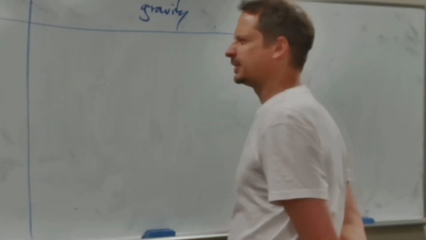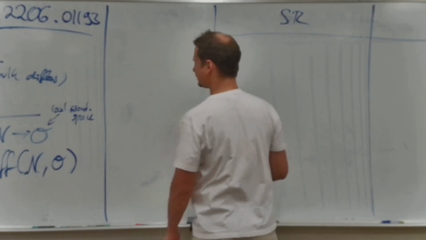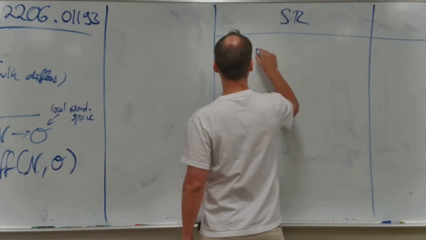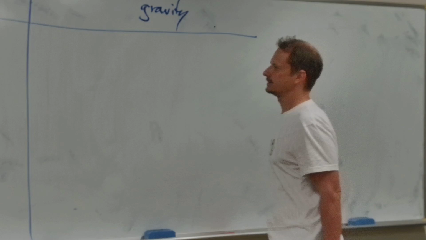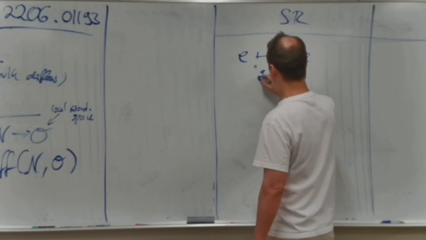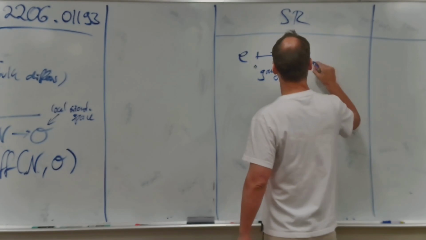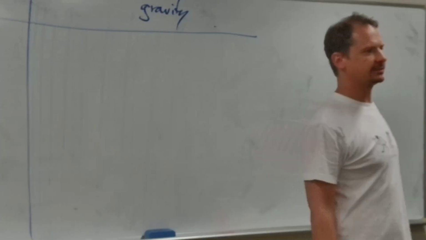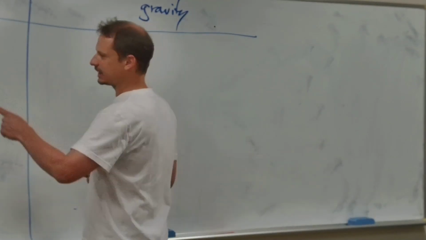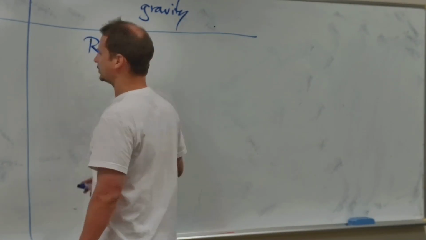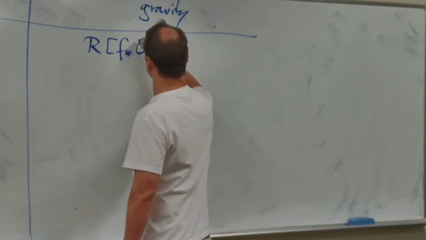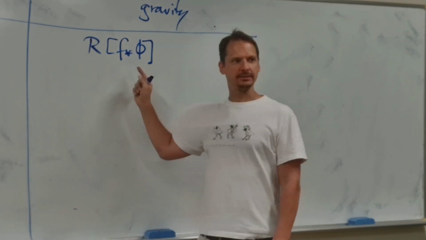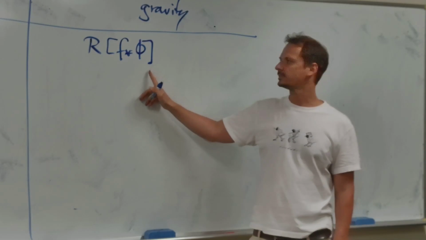And okay, I told you what gauge transformations are, and then okay, we have again, E maps to lambda E under these external frame transformations. That's the gauge covariance of the frame, which we also had in gauge theory, and which we had in reference frames. And now, how do these guys transform? So what we want is, I'm looking at the push forward under a bulk diffeomorphism of the field configuration.